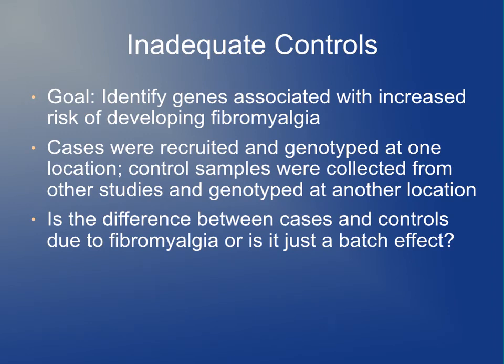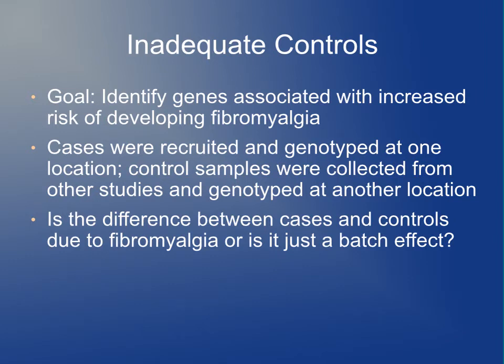Even if you have controls in your study, you can still have problems if your controls are inadequate. This is a true story of a study that I worked on several years ago. We were trying to identify genes or genetic markers that were associated with increased risk of developing fibromyalgia.